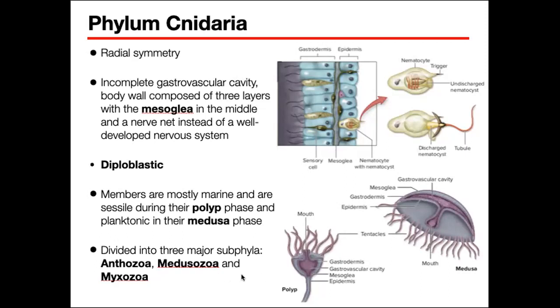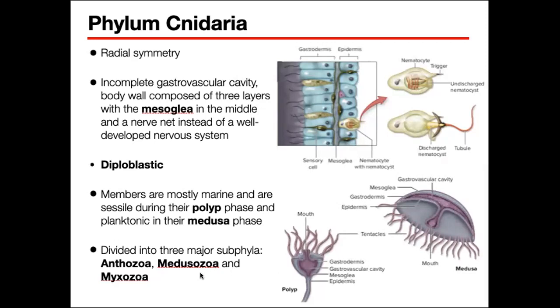And it's divided into 3 major subphyla. So kung yung sponges kanina are divided into 4 based on the composition of its internal skeleton, yung cnidarians naman are divided into 3 major subphyla depending on their phase, no? Anthozoa are basically cnidarians that have polyp, no, with flower-like appearance.